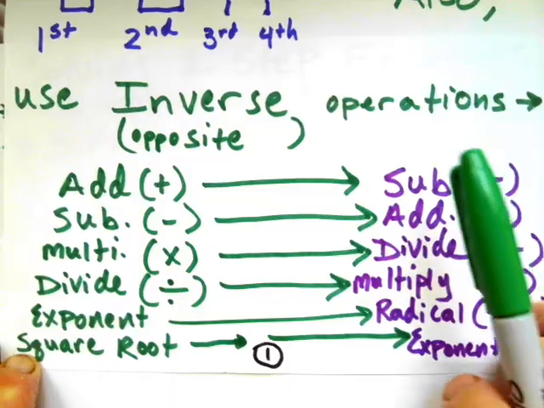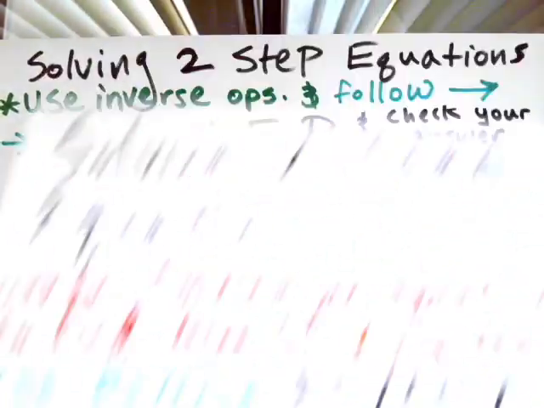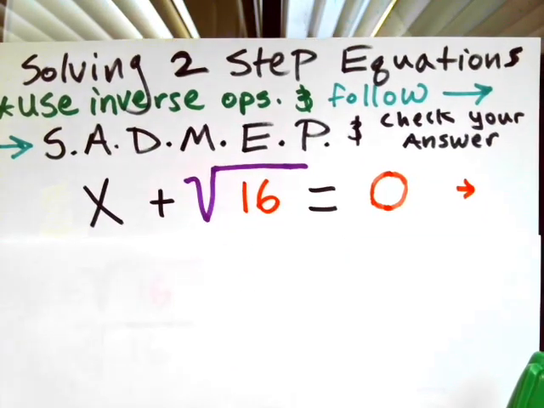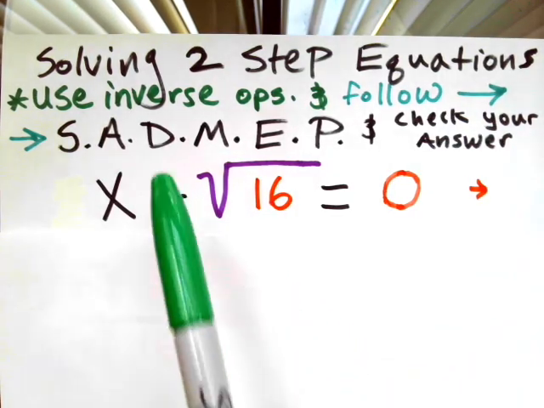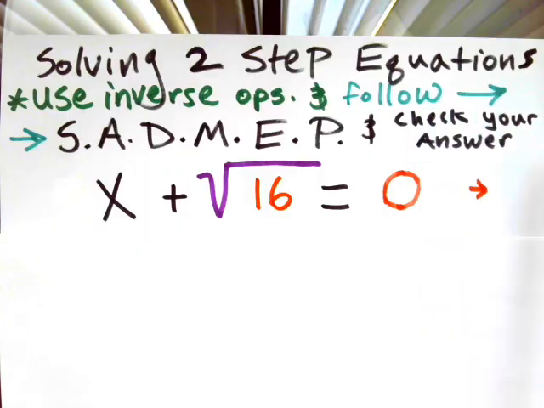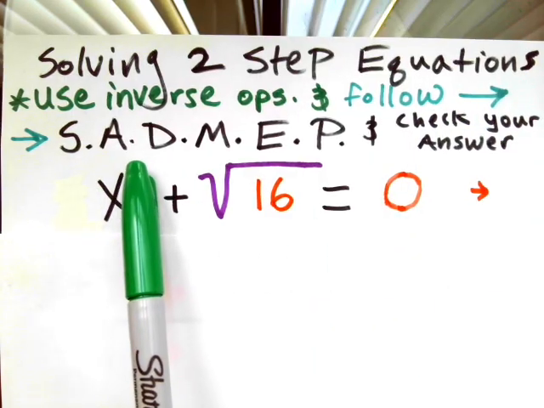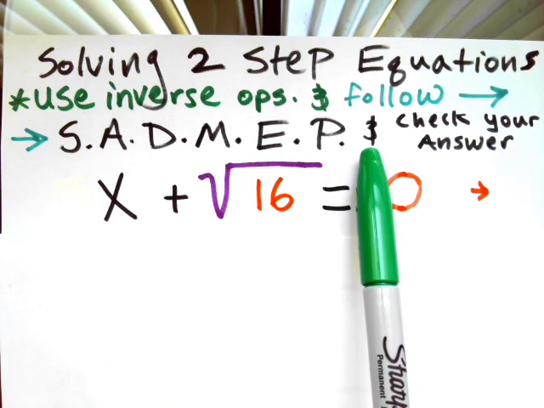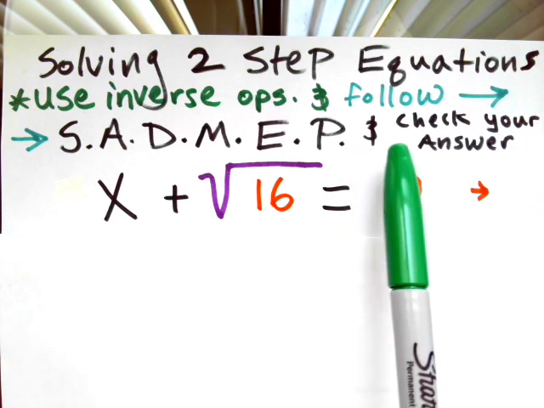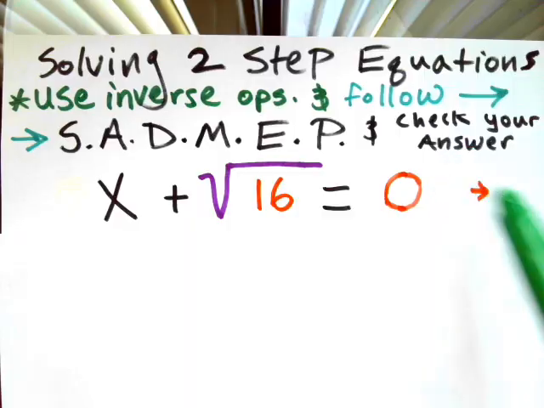So let's go ahead and get started and let's take a look. Again, quick reminder, we're going to be using the inverse operations and following the opposite of PEMDAS, order of operation, in order to do that. And finally, you want to make sure you check that answer.